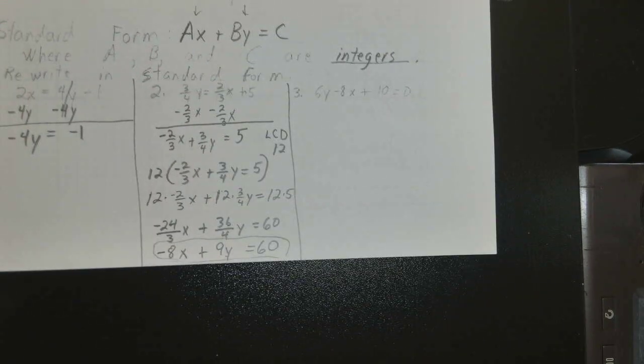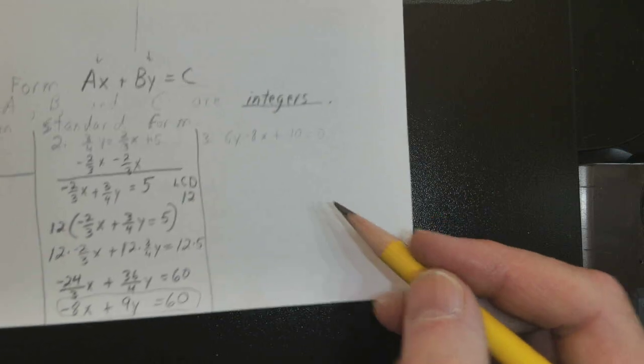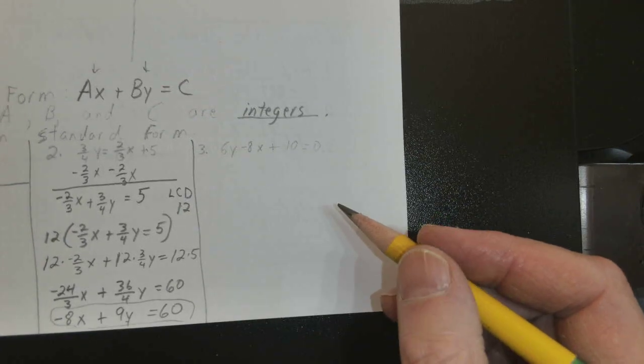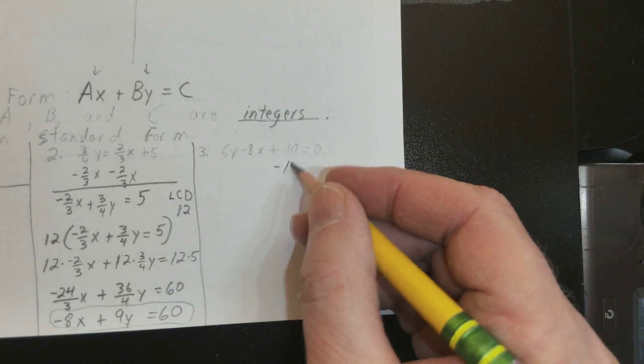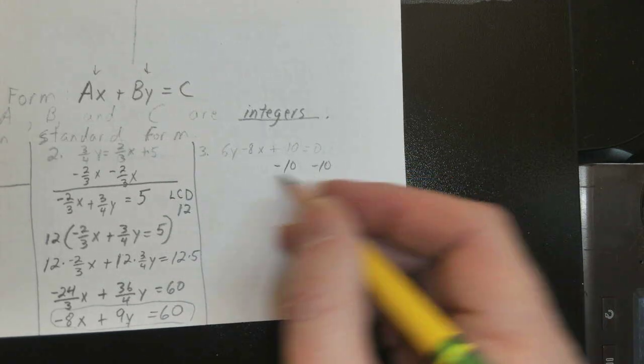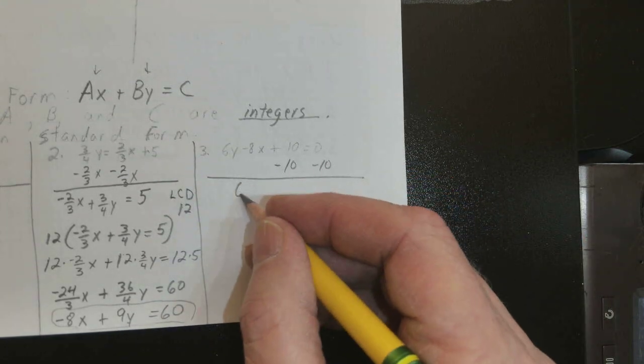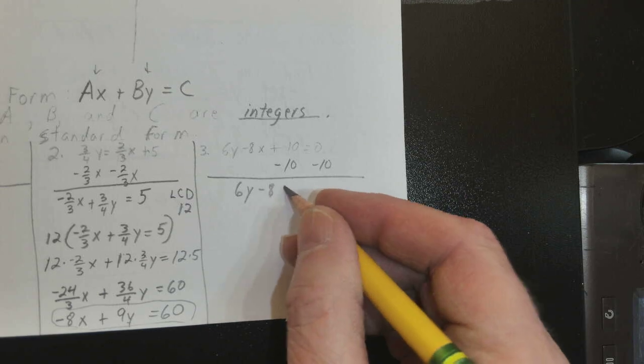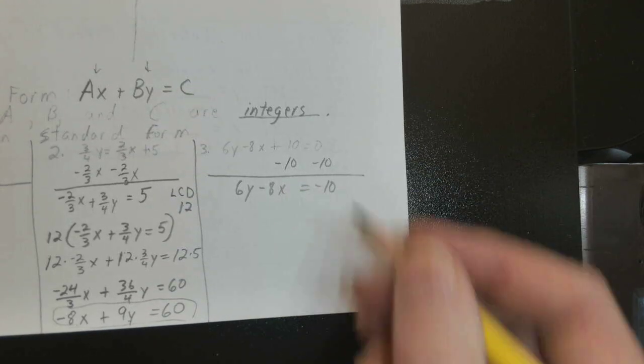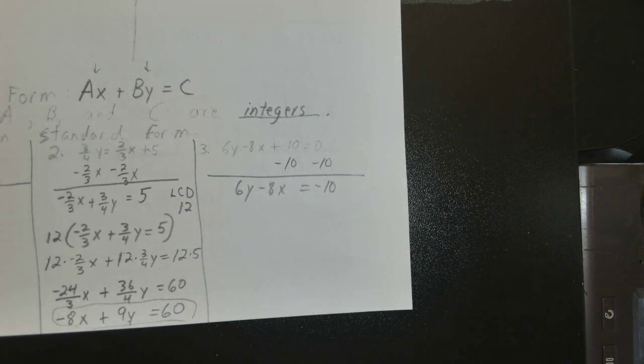Now, number 3, what's got to happen here? I need the constant, which is 10. I have 6y minus 8x equals negative 10. And what else needs to happen here?